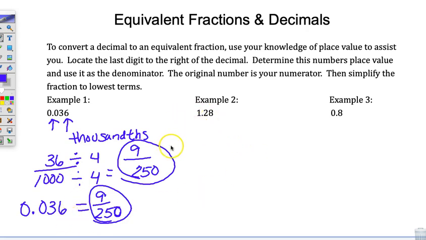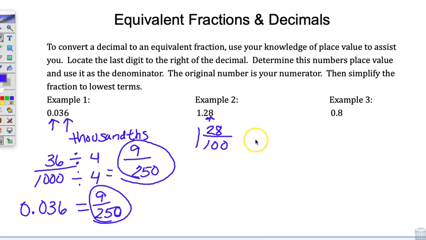Let's try example number 2. Now in example 2, I actually have a whole number 1, and then I have a fraction of a whole number. So in this particular problem, the 1 is automatically going to stay. Moving to the right of the decimal to the very end, this 8 is in the hundredths spot. So I'm going to keep what is to the right of the decimal, 28, and rewrite it over 100 because that 8 is in the 100ths place value.